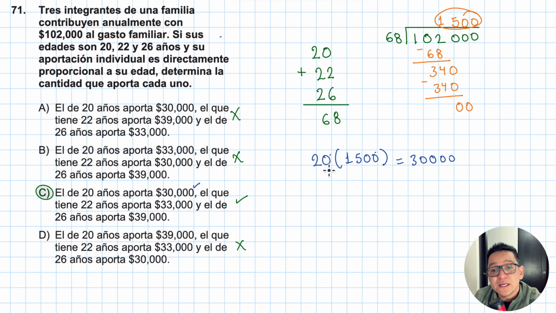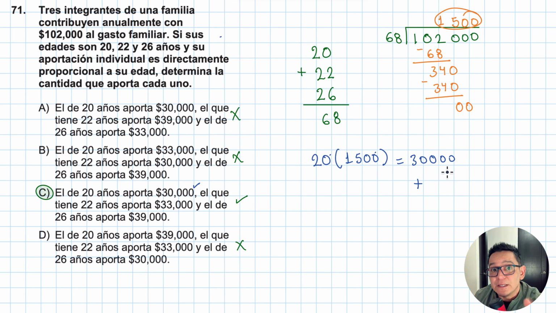Now, since there's one who's 22, this is going to be pretty simple, right? To find out what the one who's 22 is going to contribute, I could multiply 22 by 1,500, or simply take this 30,000. How much did I add? Well, I added 3,000, with 3 fingers. Why 3,000? Because we already know that he contributes 1,500 for each year he has.